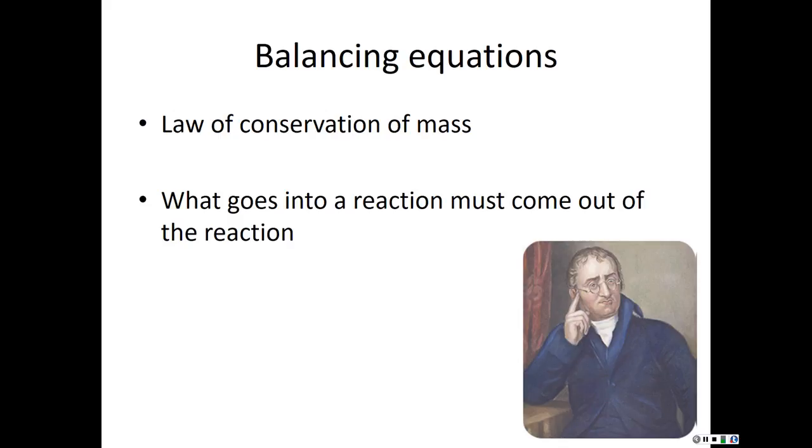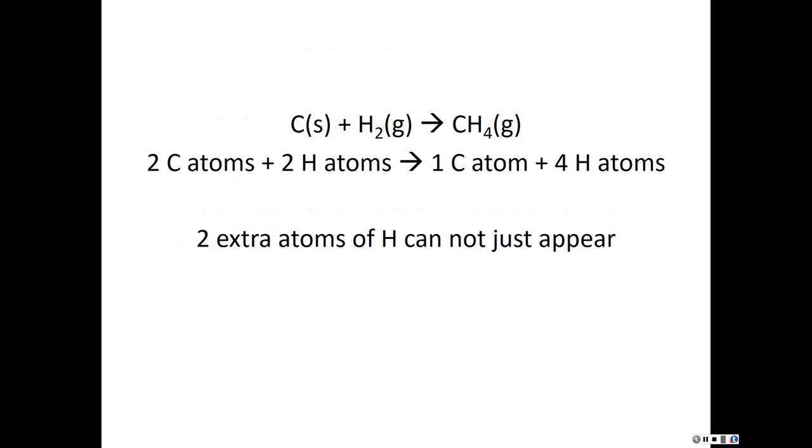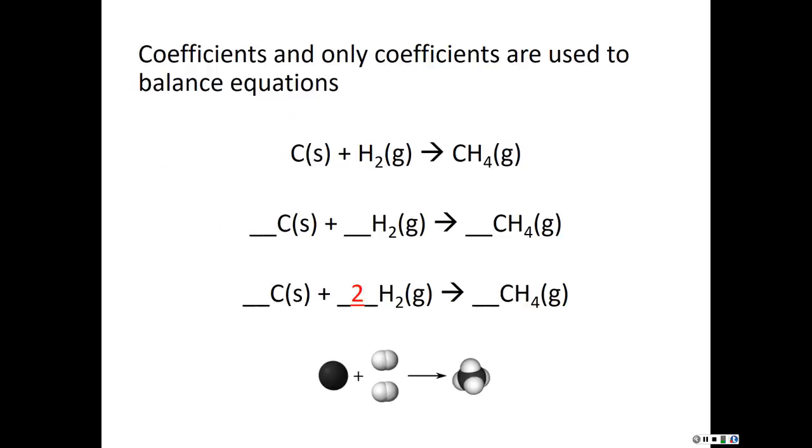So if I'm looking at my equation here, a few things to simplify this, okay. Coefficients are the numbers that go in front of my elements and compounds. So there's one there, and one there. When we start out, if there's nothing written, it's always 1.